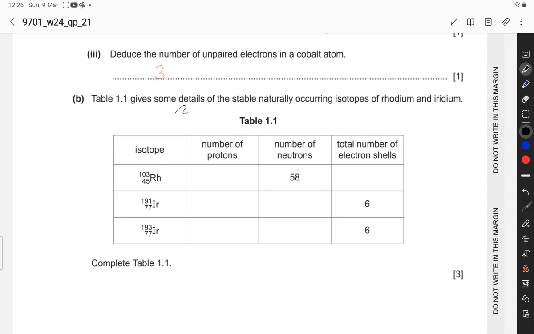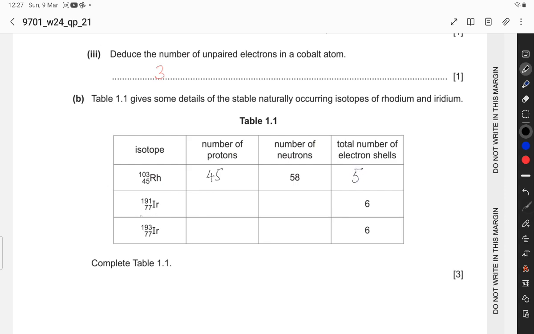Table 1.1 gives some details of the stable naturally occurring isotopes of rhodium and iridium. Rhodium number of neutrons is 58, so number of protons is 45, and total number of electron shells: rhodium is present in period 5, so total number of electron shells is 5.